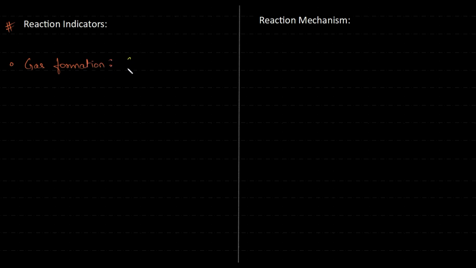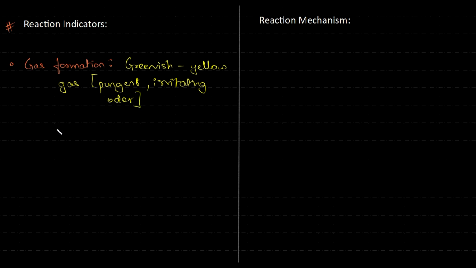This produces a greenish yellow gas, which we'll see in the experiment. That is pungent. I like this kind of smell, but yes, irritating odor. That is nothing but your chlorine gas being produced.